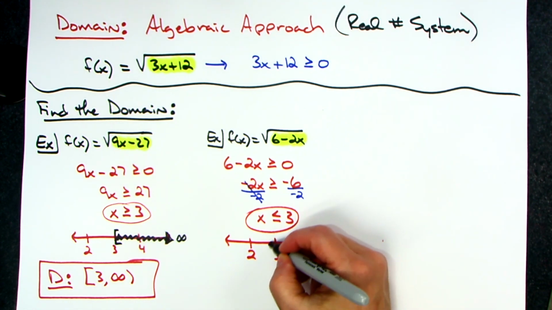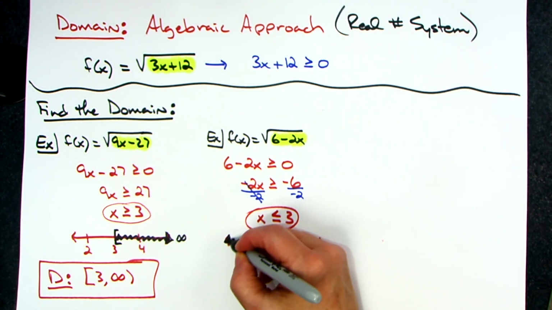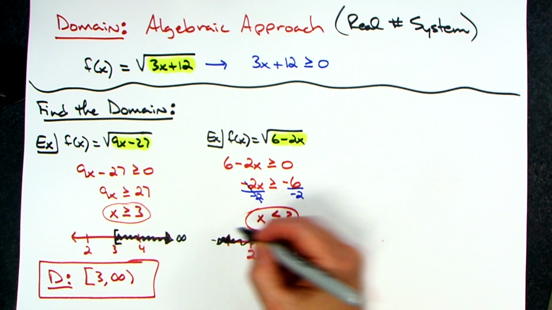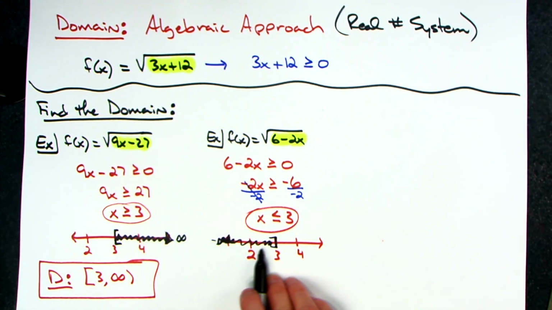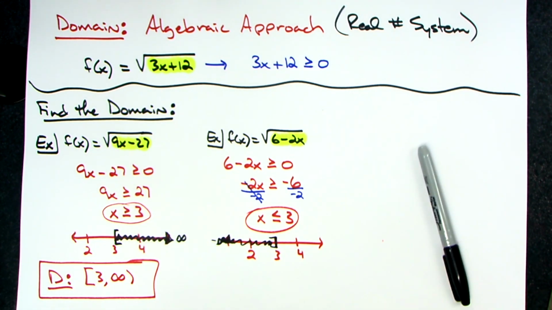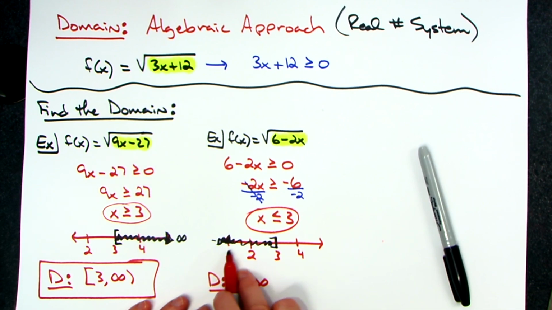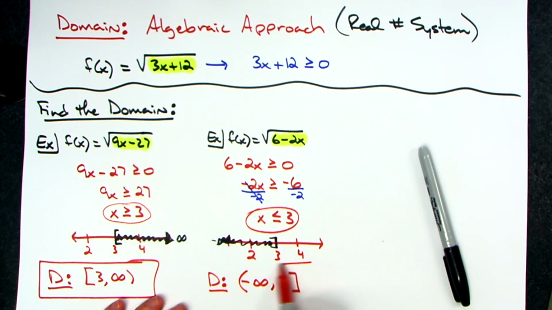That would be going this way, all the way out to negative infinity, and then the square bracket. All right, so see, I've got negative infinity coming all the way up to 3. So on the number line, you think left to right when you write your domain. So the domain is going to be negative infinity with the curvy bracket. That comes first, all the way up to the 3 with a square bracket.